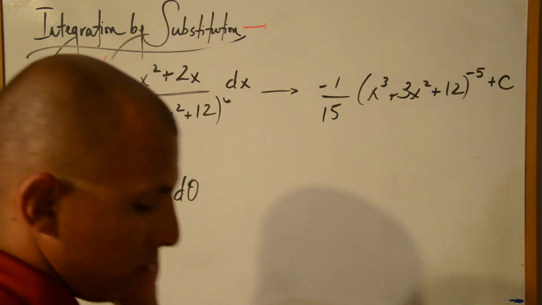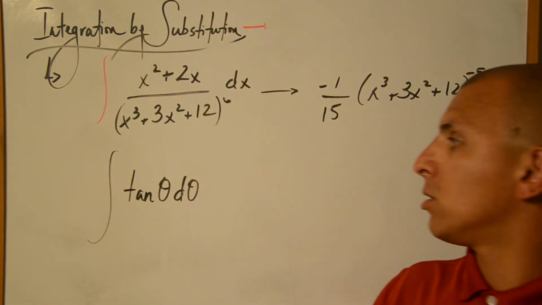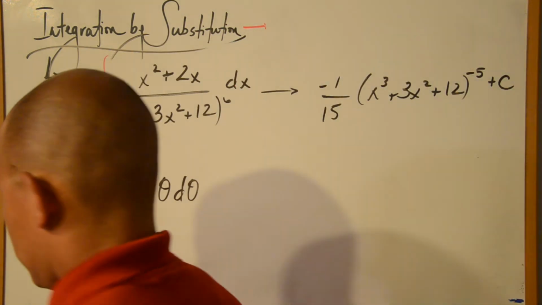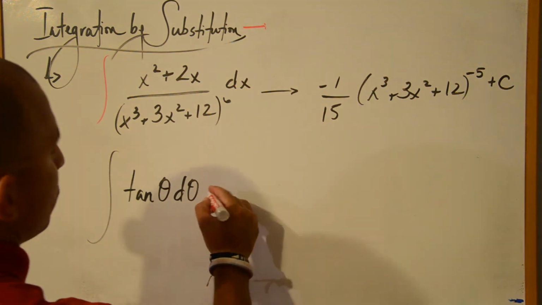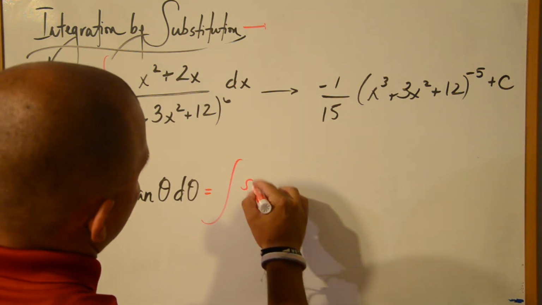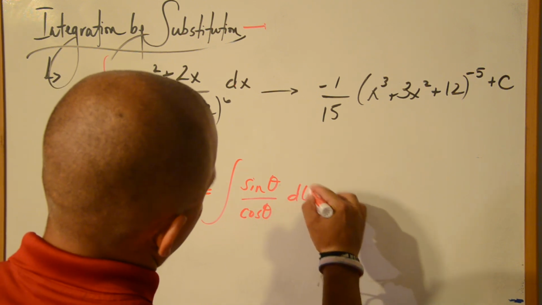So right now, there is no singular trigonometric term that when we derive it, we'll get a tangent of theta. So typically, more often than not, when we have the tangent function, we want to do a rewrite of sine theta divided by cosine of theta d theta.